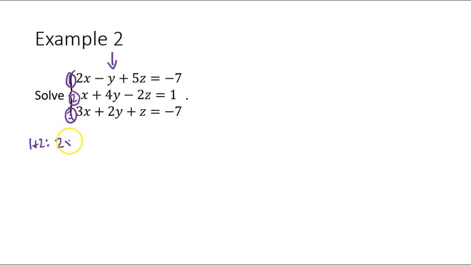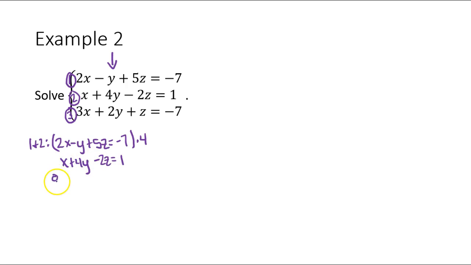We have 2x minus y plus 5z equal to negative 7, and we have x plus 4y minus 2z equal to 1. Remember, I'm eliminating the y's, so I'm going to have to multiply this first equation by 4 so that I can have a 4y here in the middle that will cancel out with the 4y here on the bottom.